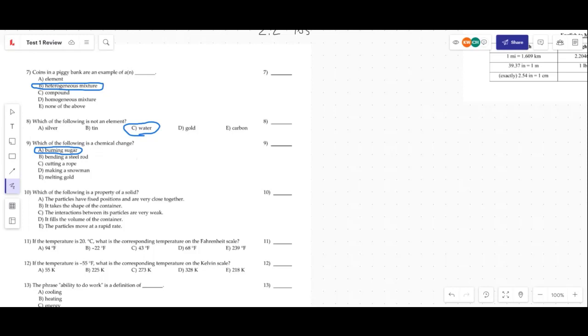So if you melt ice or if you boil water and it goes from a liquid to a gas, that is not a chemical change. Chemical changes tend to be difficult to reverse. So for example, if you burn sugar, there's no way to make that go back to raw sugar, is there?